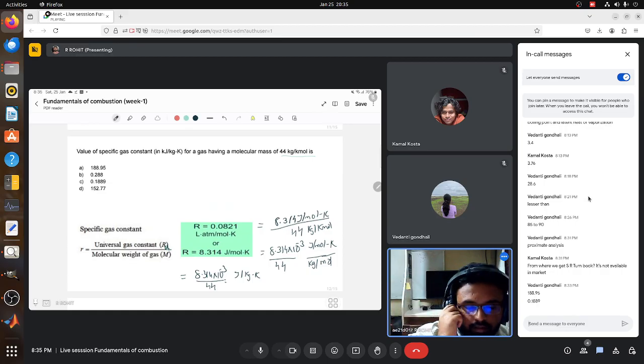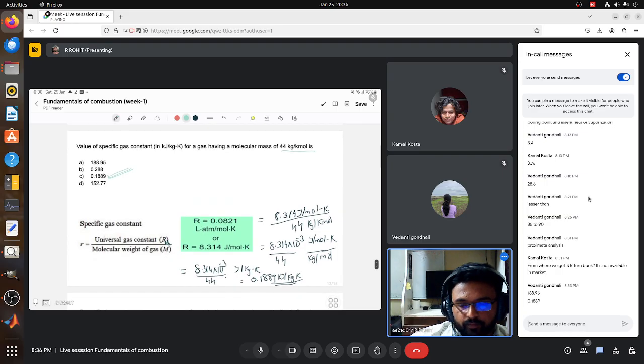Now if you divide it up, you will get a value of 0.1889 kilojoule per kilogram Kelvin. Your second answer is correct. 0.1889 kilojoule per kilogram Kelvin is the correct answer.